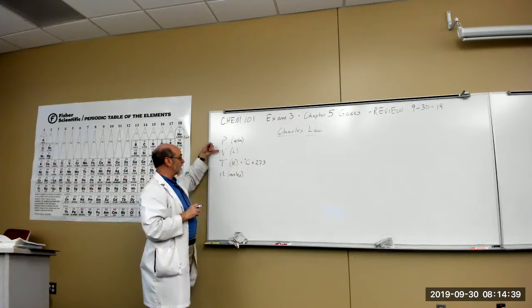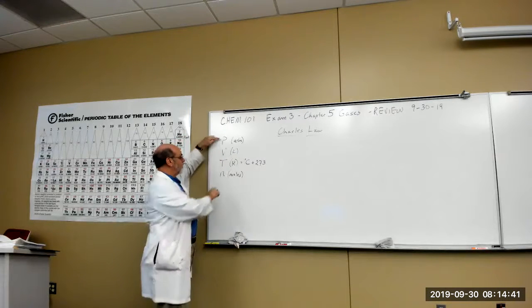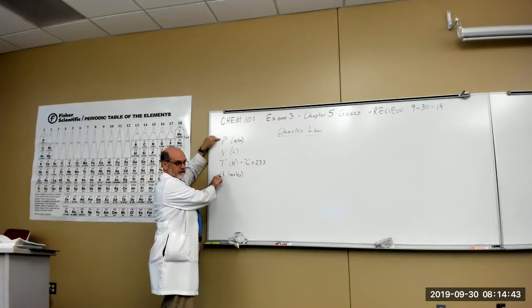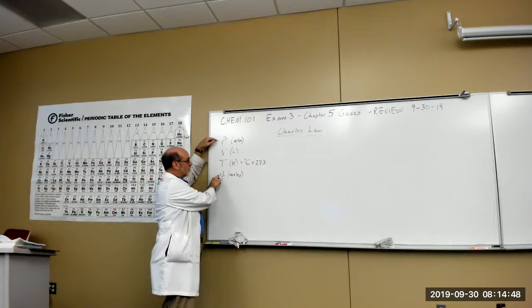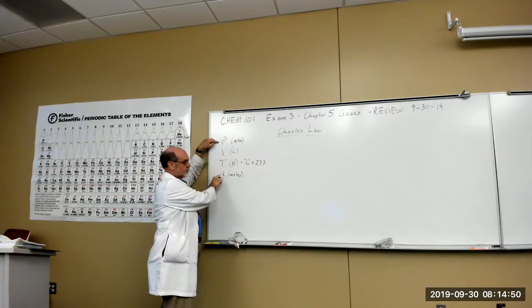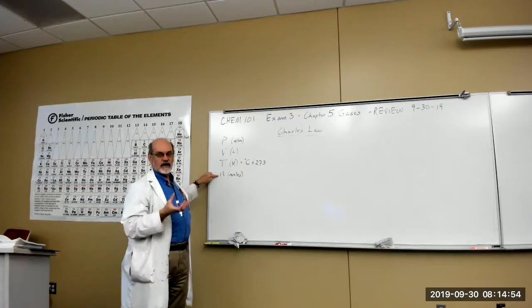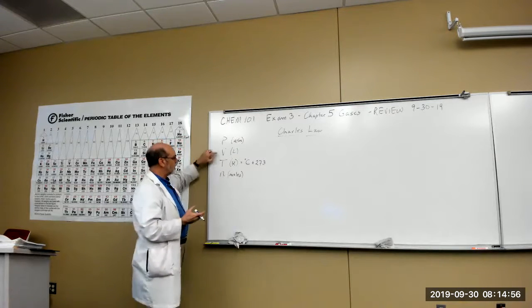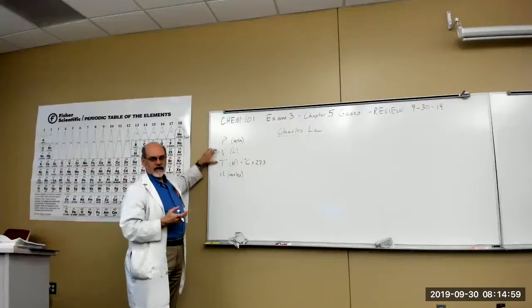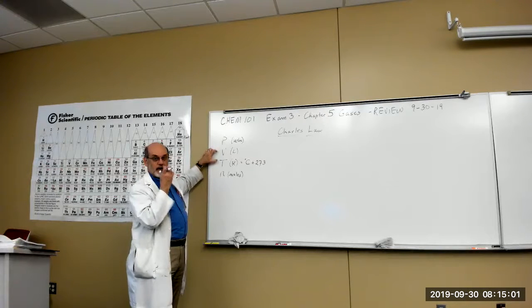And what Charles was investigating was the relationship between volume of a gas and its temperature. So in order to investigate these two variables, the other two have to be held constant. The pressure has to be maintained at whatever you choose, but it cannot change. And the number of moles, or the amount of gas contained in the vessel, has to be constant. Then you can investigate how volume responds to temperature.